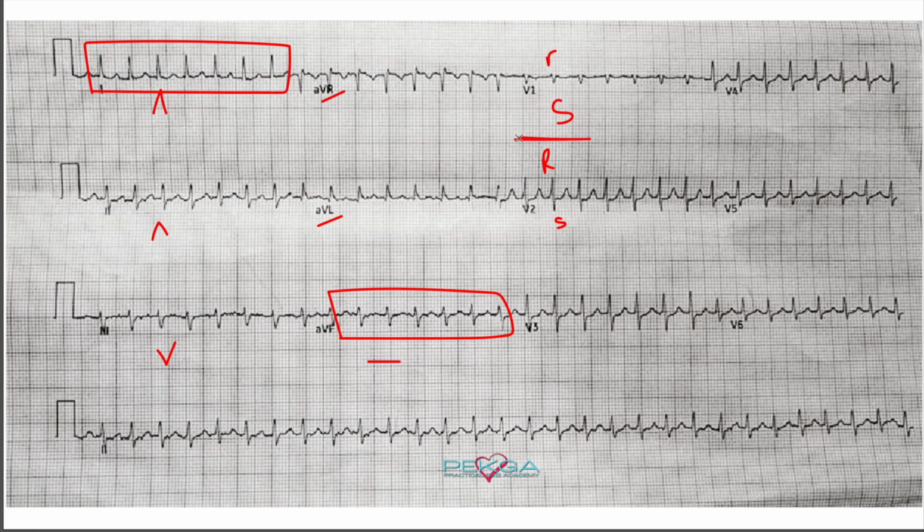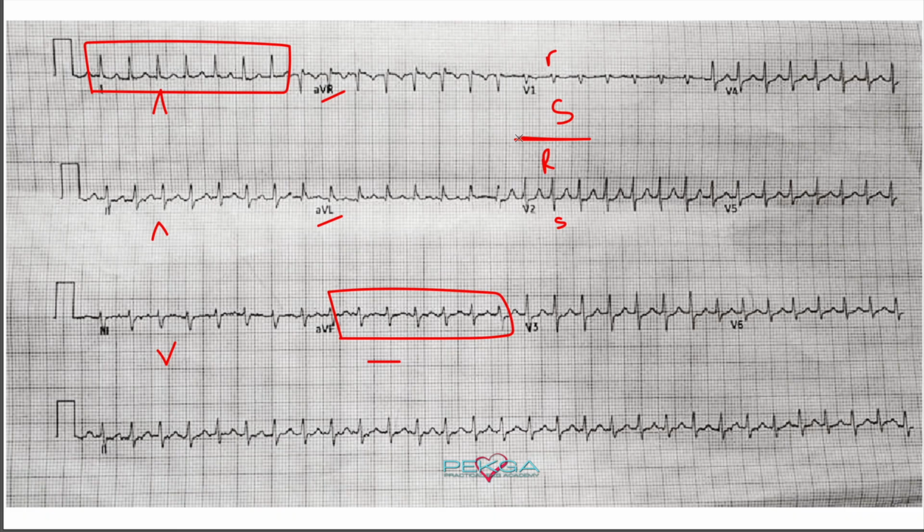So our R wave progression, or R wave transition, is happening early. Okay, so that's a yellow flag. R wave progression is not a specific indicator of something, but it is an excellent non-specific indicator that something is going on in the heart. Okie dokie.